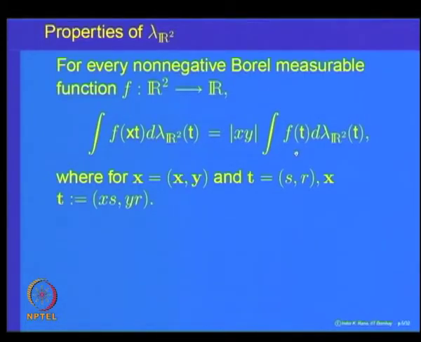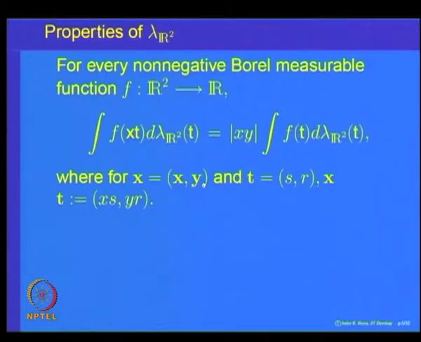So, if I multiply the function f by a vector x, then the integral changes by the factor mod of x y. And the proof of this is once again an application of the sigma algebra, monotone class, simple function technique, and I would like to leave it as an exercise once again.